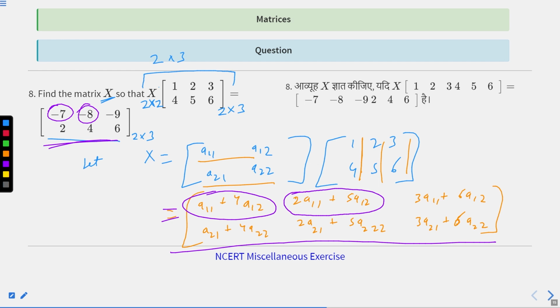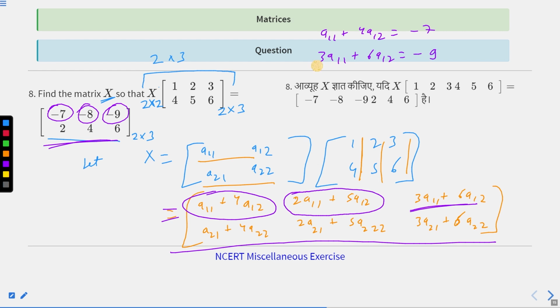Just by comparing, a11 plus 4a12 is equal to minus 7, and 2a11 plus 5a12 is equal to the next entry. I'm going to pick this and this: 3a11 plus 6a12 is equal to minus 9.